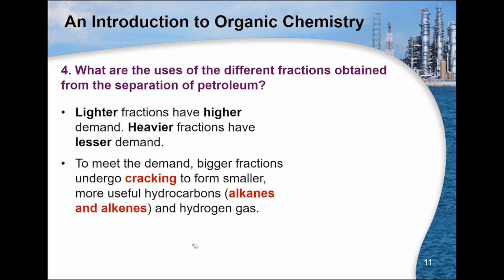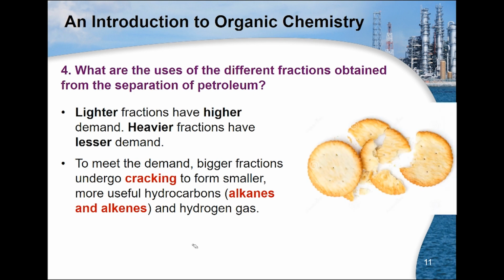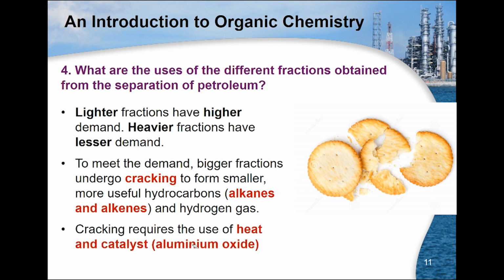So cracking is really like if you take a piece of biscuit and you crack it into smaller pieces. But in order to do that, you need heat and you need a catalyst. A catalyst helps to speed up the reaction so that you can obtain what you want in a faster time.